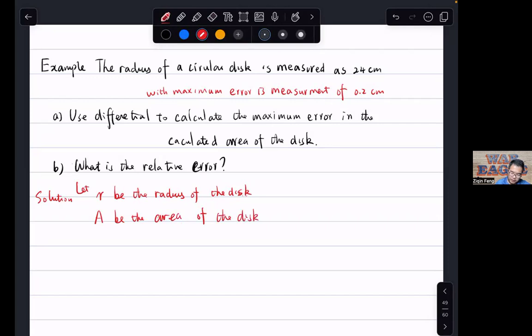Clearly, we know that A, because it is a circle, is pi times R squared.